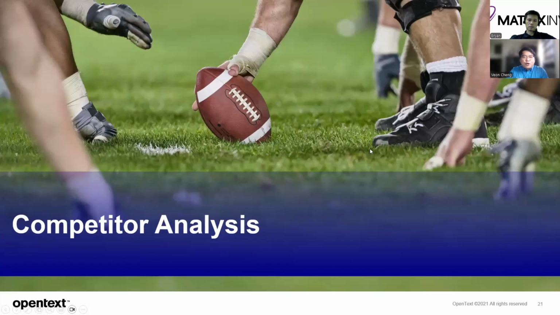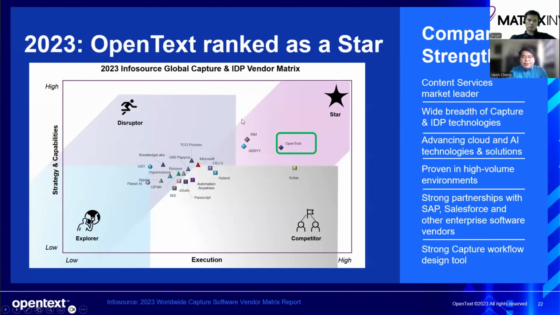Okay, so on the competitor side, in 2023, from the worldwide Info-Tech source, OpenText is really in the star quadrant. We have competitors like IBM, ABBYY, as well as Kofax. These three are our competitors, while the remaining software companies are not really our competitors.